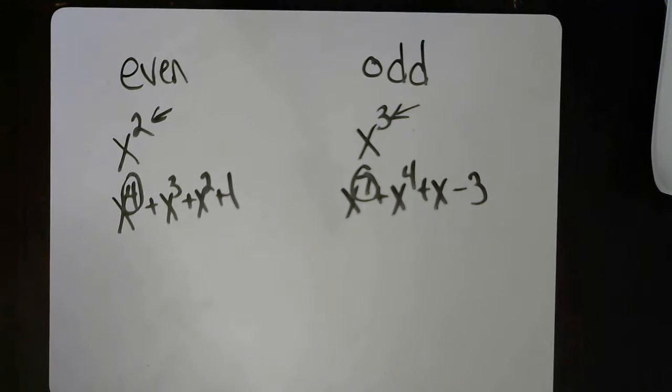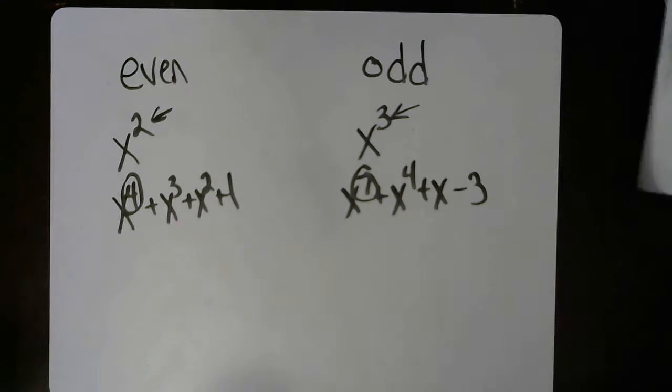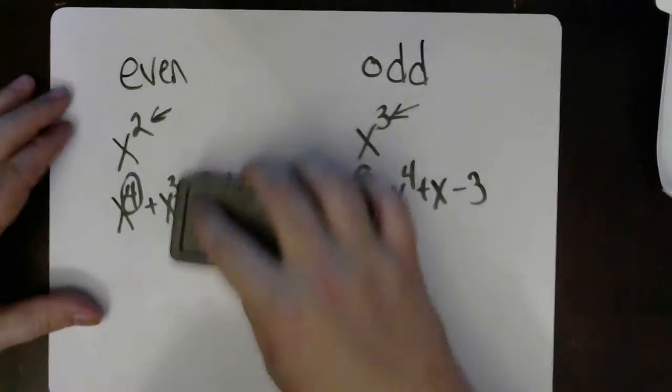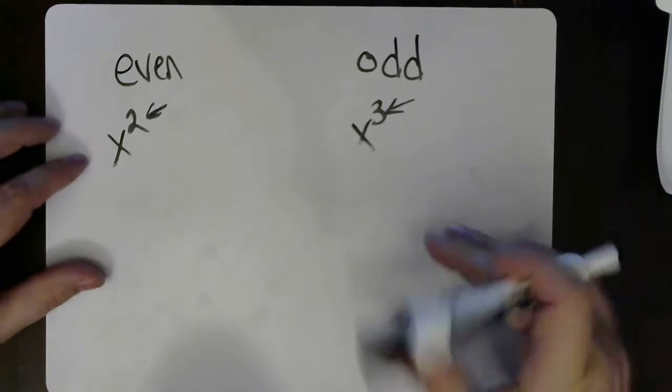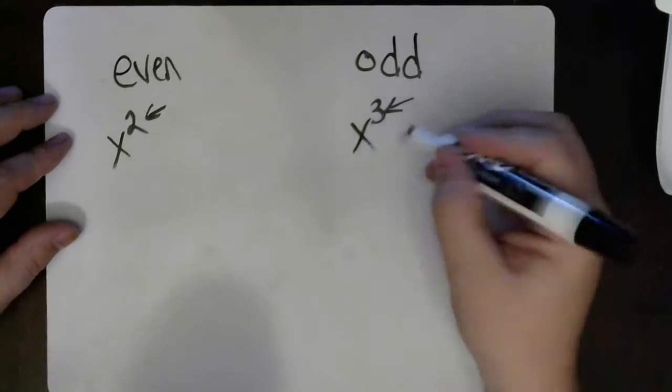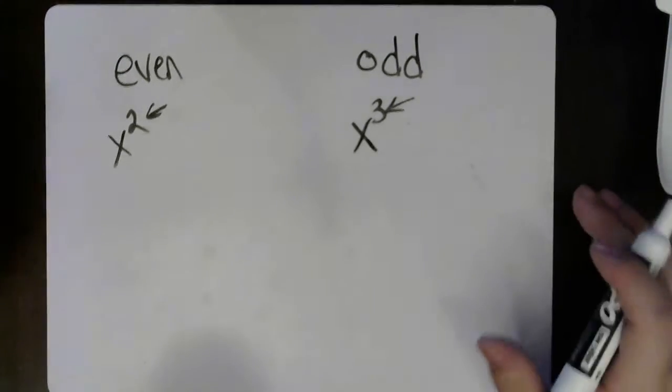Now, we need to figure out what that tells us. We're just going to look at our two basic even and odd functions, which are x squared and x cubed, and then we're going to build from this.